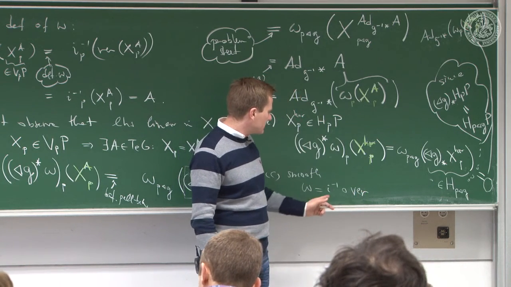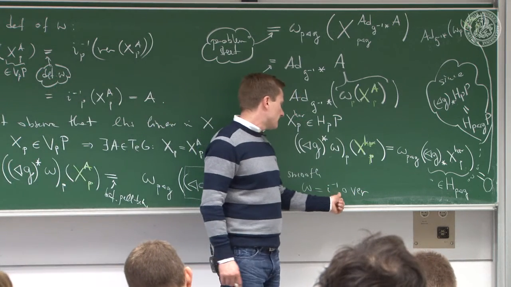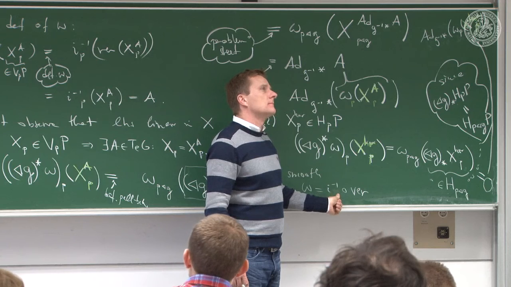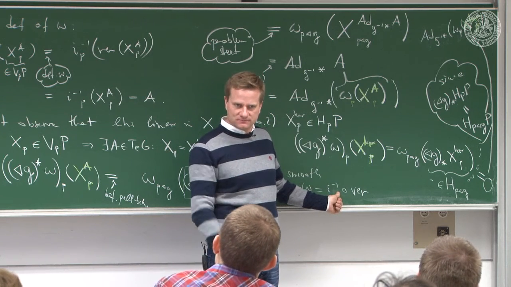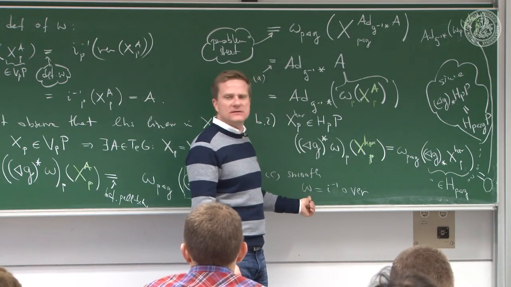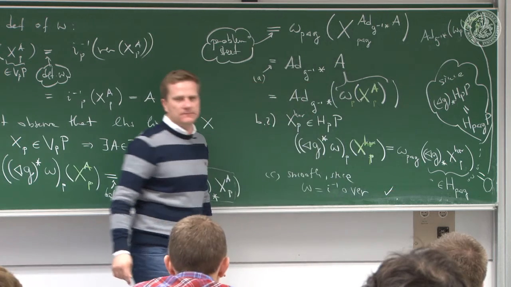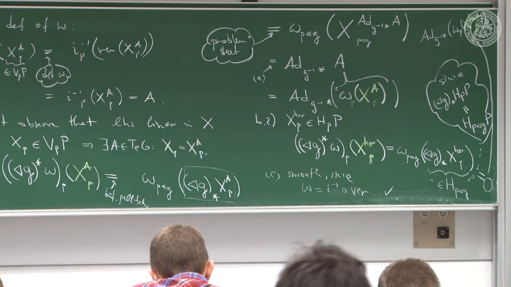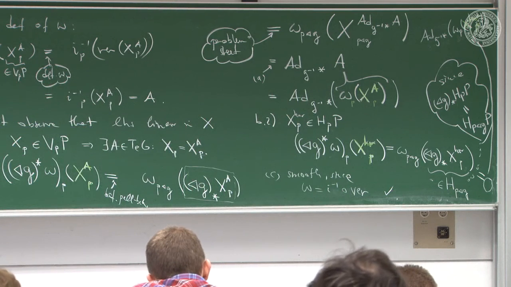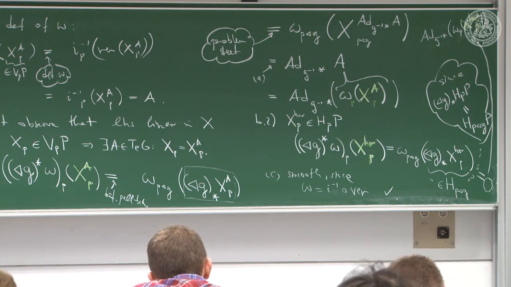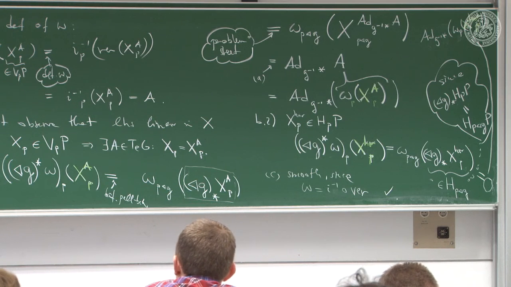And the I inverse, well, that is smooth because the exponential map is smooth. And so you have smooth after smooth is smooth. That's it. So these are the two properties of omega shown from the properties of the connection, which consisted in a choice of horizontal subspaces at each point.